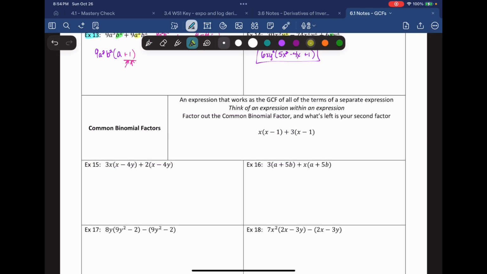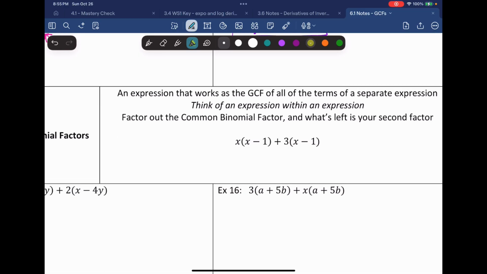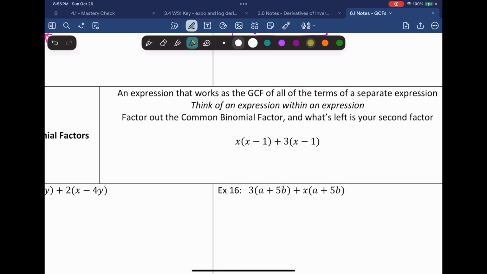All right, so I'm introducing this idea of a common binomial factor here, and we use it later on. So a common binomial factor is like an expression that you can factor out. And you can kind of see it as an expression inside of the expression. So what I mean by that is that I have this thing happening right here. And I have 2 separate terms. I have the x times x minus 1.